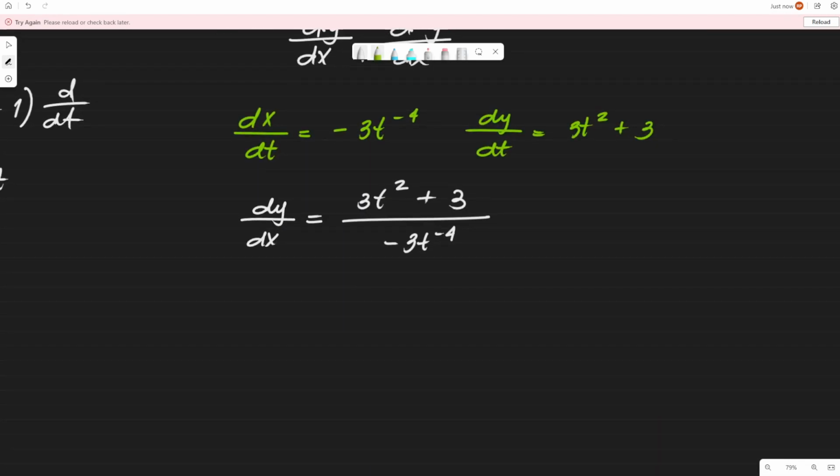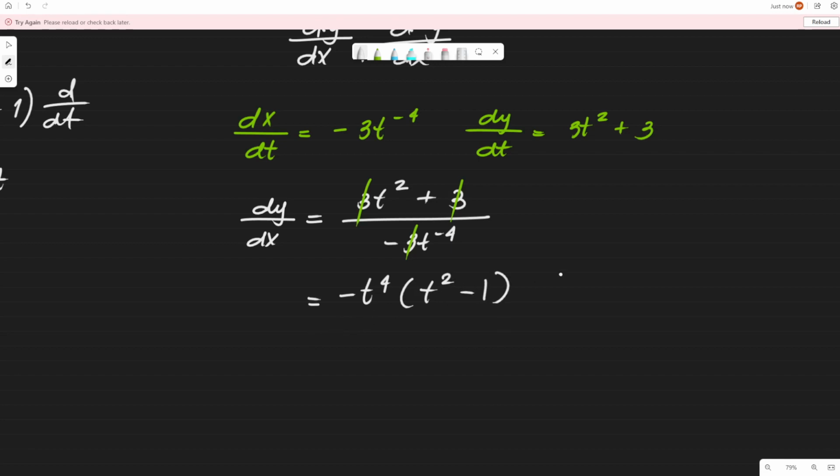We can cancel out the 3s, since they are common. You can factor out the 3 in the numerator, then it becomes 3 times the quantity t squared plus 1, and 3 divided by 3 is 1. Then since the denominator is t to the negative 4, we can bring it up. So we'll have negative t to the fourth power times t squared plus 1.